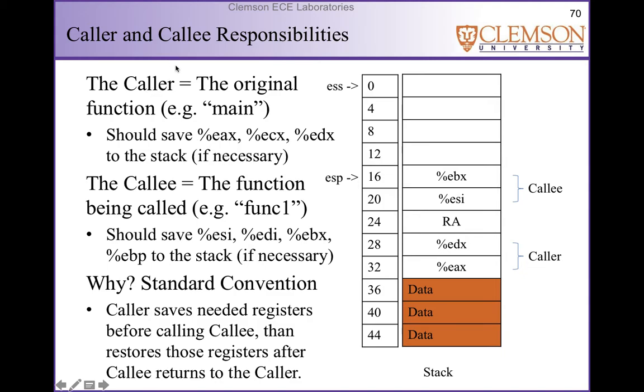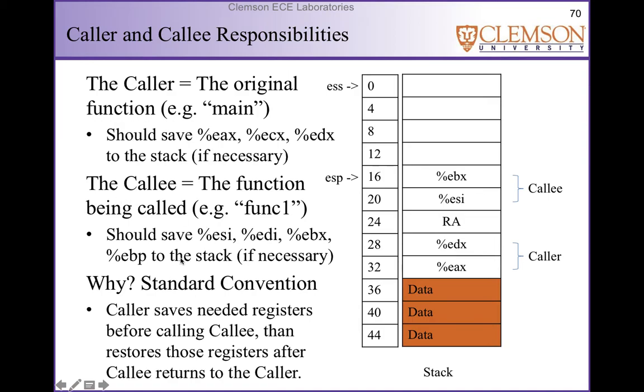So when you're doing, say, call my func, you're saving EAX, ECX, EDX before call my func. Technically, if you're using A, C, and D, you say push L EAX, push L ECX, push L EDX, and then call my func.